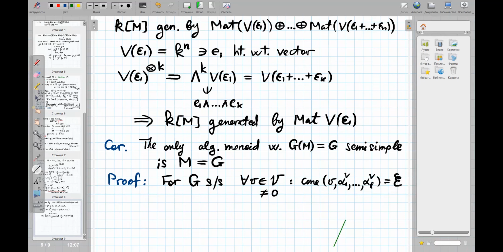This is a property of semi-simple algebraic groups, not just reductive, but semi-simple. You have the negative Weyl chamber, and you have the simple coroots, say this one and maybe this one.